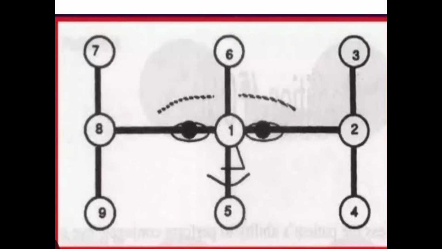This test takes place simultaneously for both eyes, and the examiner has to move the torch in all 9 directions, starting from 1 to 9, as the sequence shows.